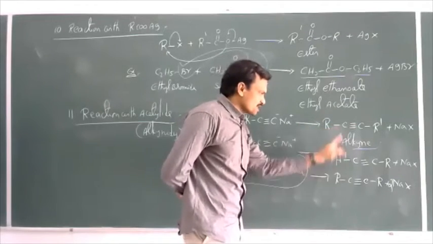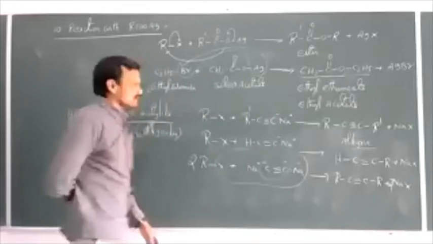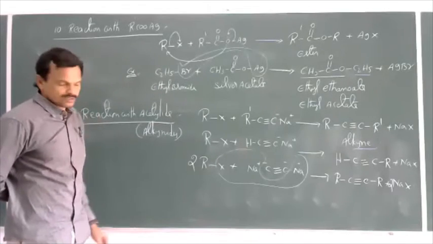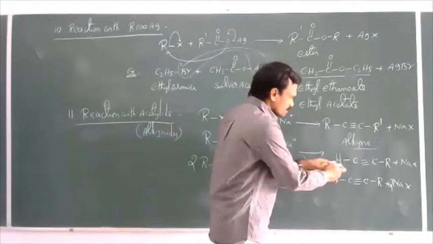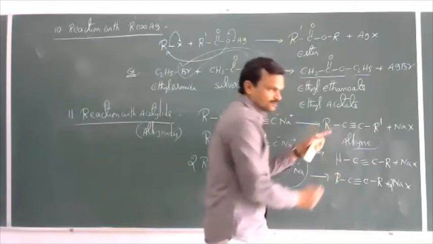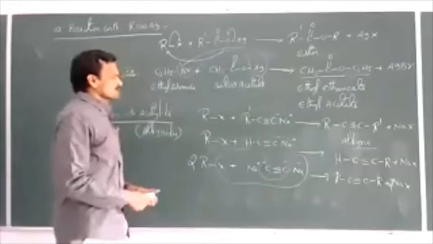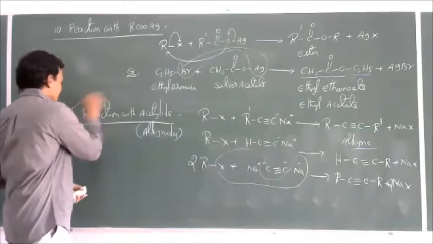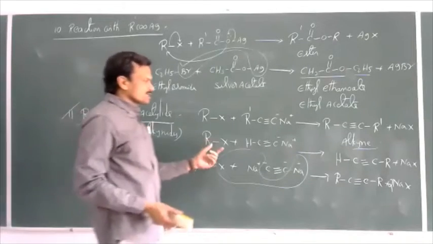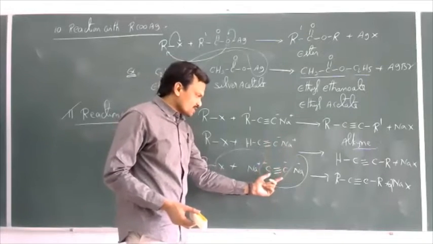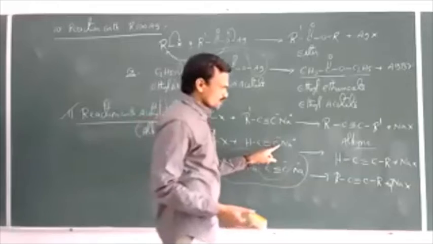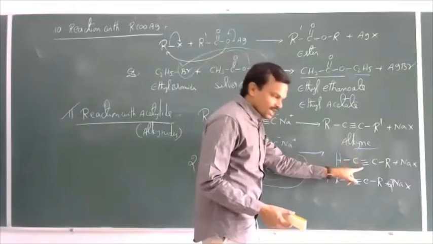So this method is better useful for the preparation of non-terminal alkynes. In any case, this is a terminal alkyne. These two are non-terminal alkynes. So non-terminal alkynes are better prepared by the reaction of haloalkanes with acetylides, monosodium acetylide or disodium acetylide. If you take monosodium acetylide, we can get a terminal alkyne.